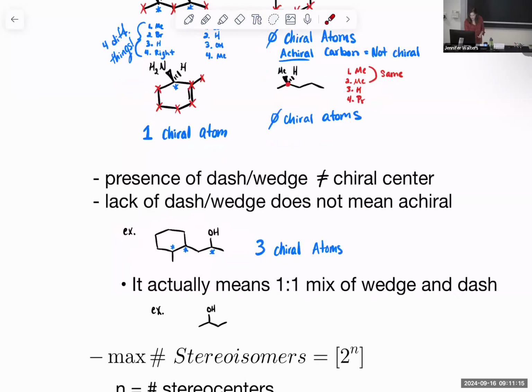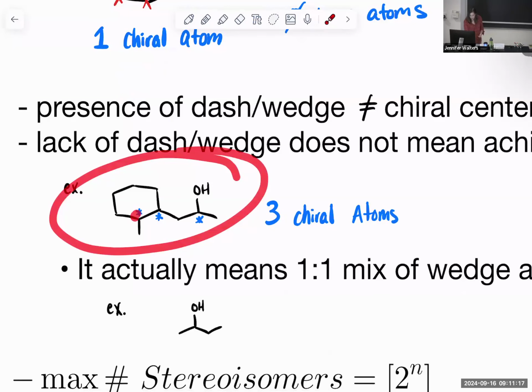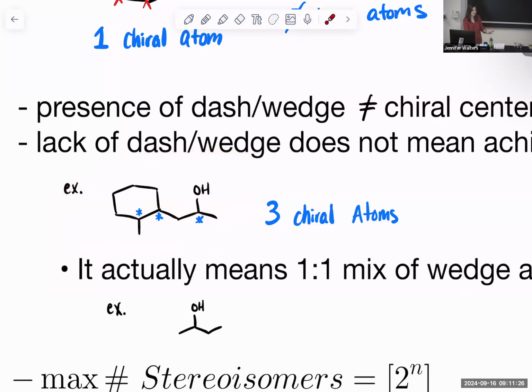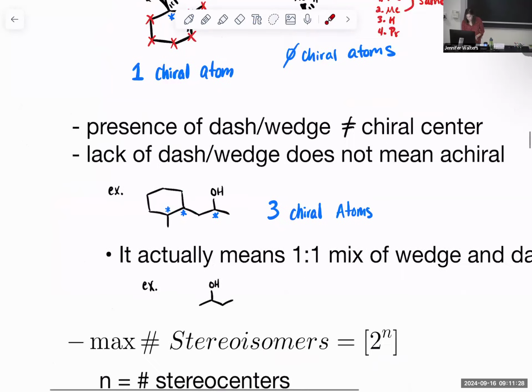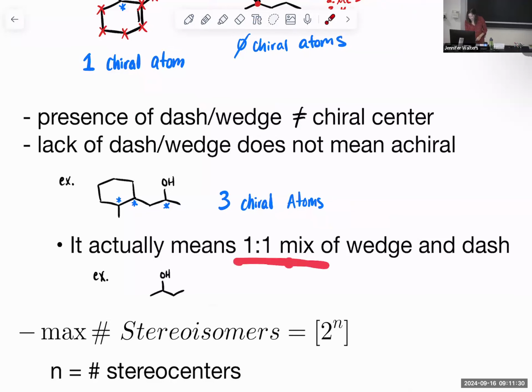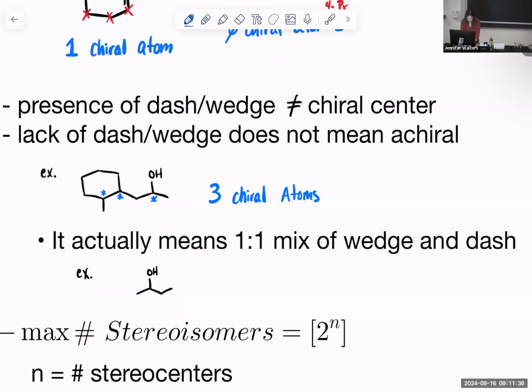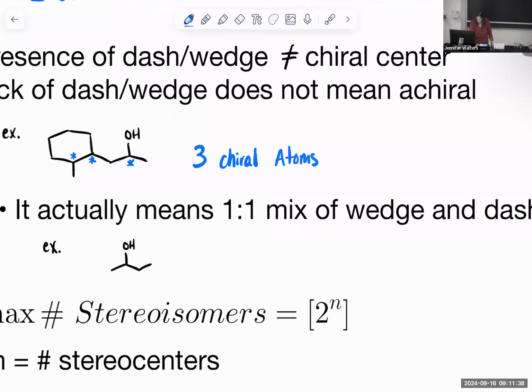We had this example where you had 3 chiral centers with no wedges or dashes, because we had 3 carbons that had 4 different groups attached to them. What it means when you have that line is that you have exactly a 1-to-1 mixture of your wedge and your dash. For this molecule, I only have the 1 chiral carbon, which makes it easier because there's only 1 to worry about.